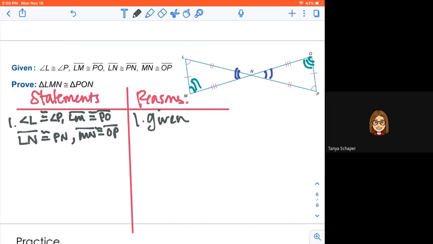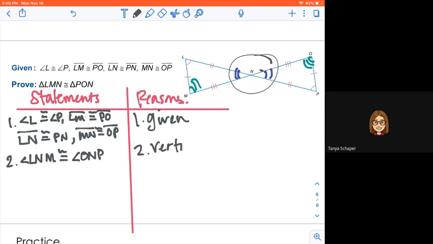Step two, I mentioned that the vertical angles are congruent. So I'm going to say angle LNM is congruent to angle ONP. And the reason I can say that is because of the vertical angles theorem.